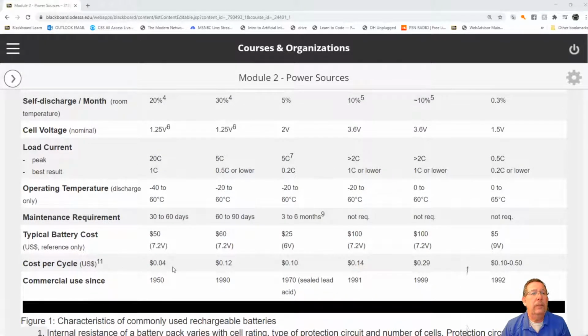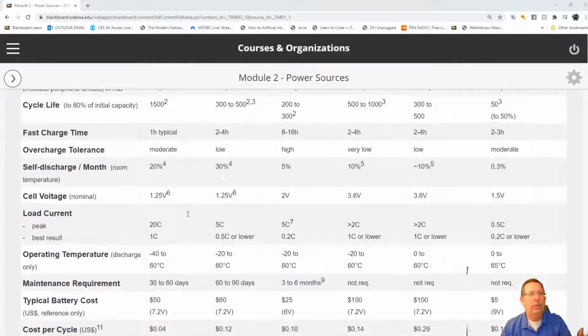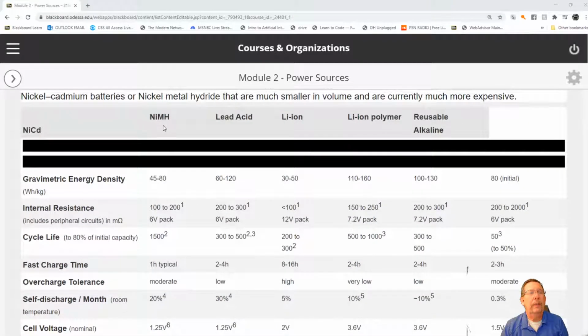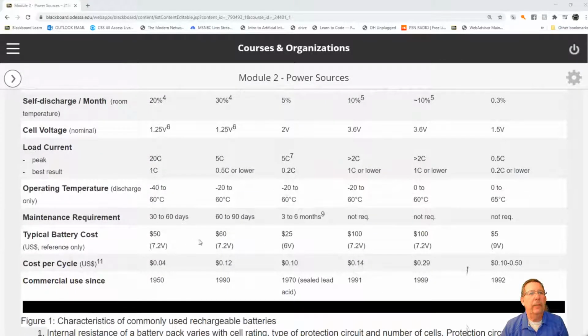Cost per cycle, like when you recycle them, right? 0.04. And of course, this is U.S. dollars, so you Aussies are going to pay much more, right? So it costs less to recharge a nickel metal hydride than a lead acid battery. So cost might be an issue.